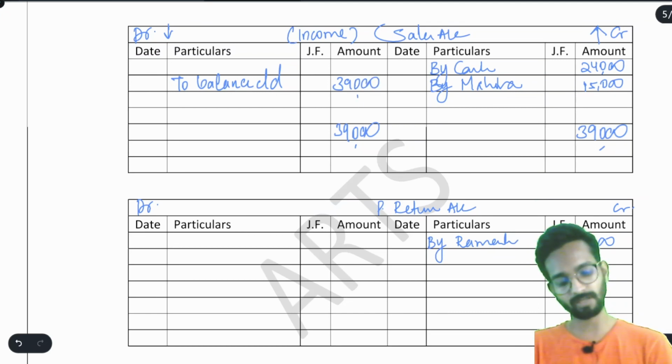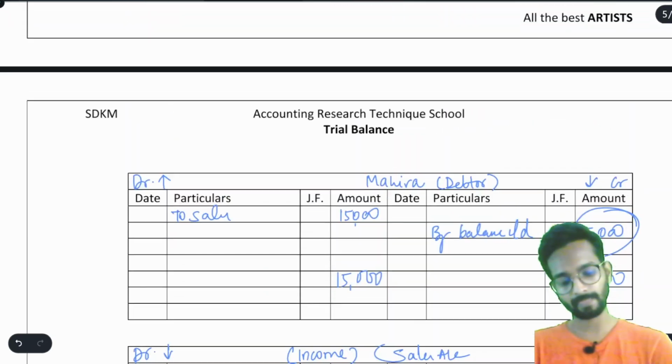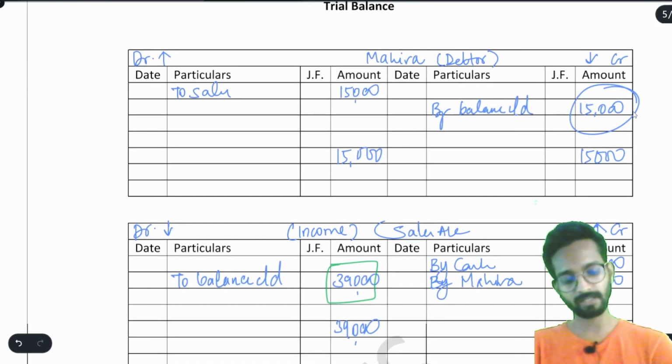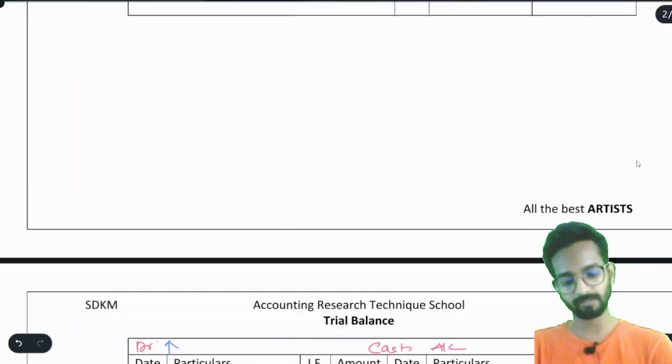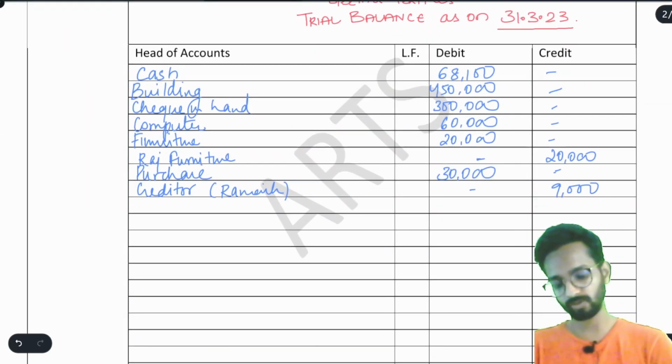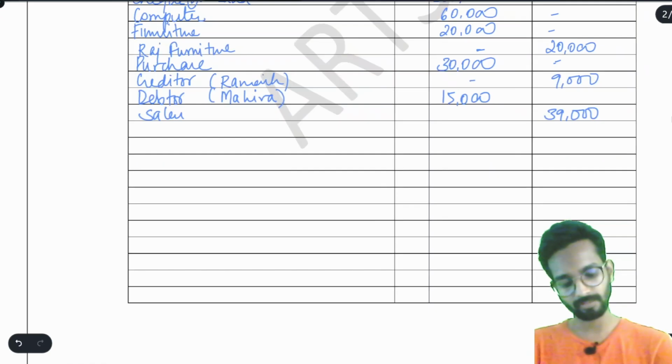So our closing balance of sales is 39,000 and our closing balance for debtor is 15,000, that is Mahira. 15 and 39. So Mahira debtor 15,000 and sales, which is income, 39,000. Simple enough.